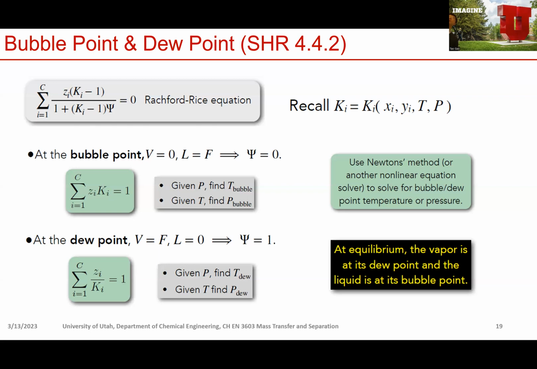Then that gives us only 1 degree of freedom, and we simplify the Rachford-Rice equation to this form. Because there's only 1 degree of freedom, if we are given P, then we can find the T, that's the bubble temperature at this pressure, or the other way around. So we talked about this.